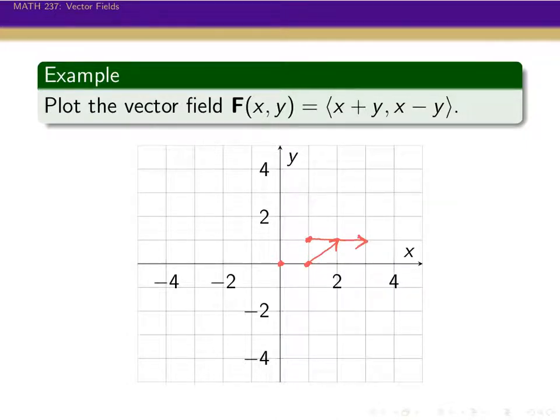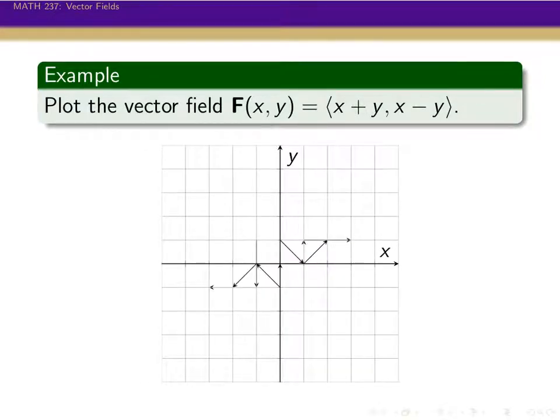If I take the point 0, 1, 0 plus 1 is 1, and 0 minus 1 is minus 1, so this is going to be the vector 1, minus 1, which gives me that vector right here. You can see that actually plotting this is rather slow, so let's automate this.